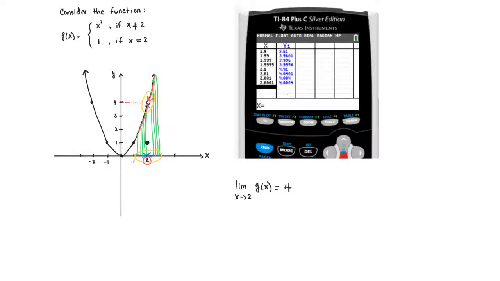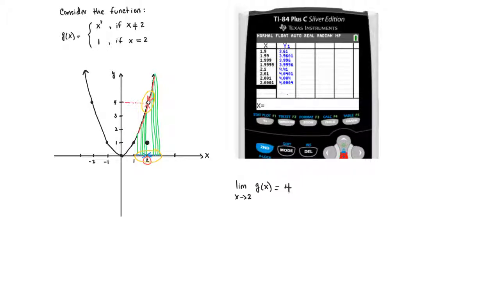And this is very striking because this is really showing that the limit of a function as x approaches a number doesn't have to be equal to the y value. So my function can be perfectly defined at x equals 2. Like in this case, at x equals 2, the y value is 1. But the limit of the function at 2 is not equal to 1. It's actually equal to 4. So this is something that is unexpected as we're learning about limits.